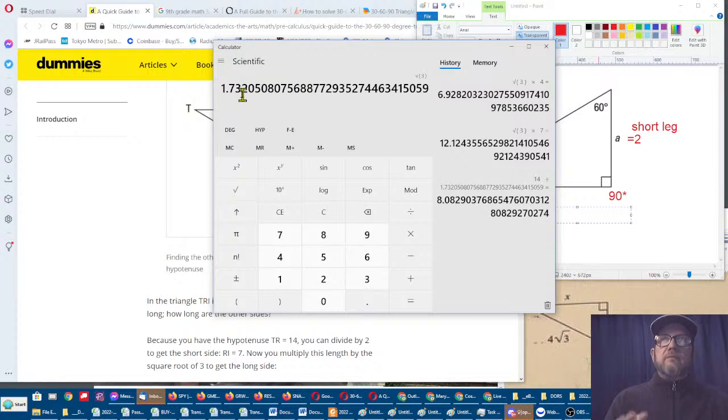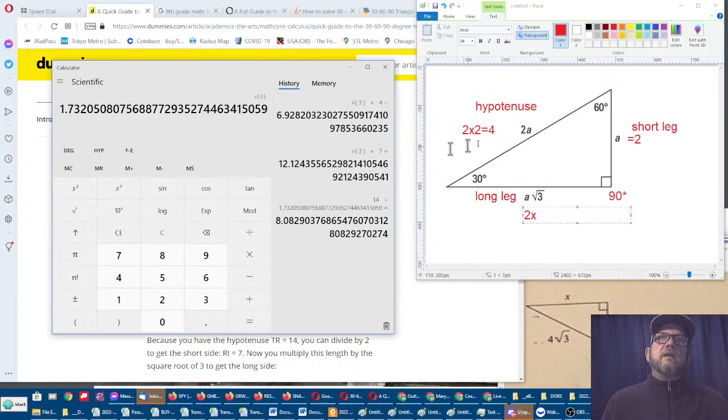You know that 1.73 is less than the hypotenuse, which is 2, double your A. That's why your hypotenuse is the longest length.